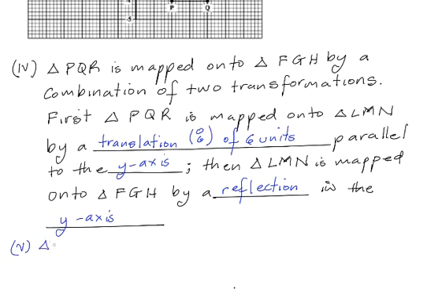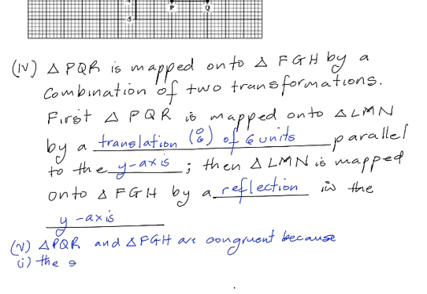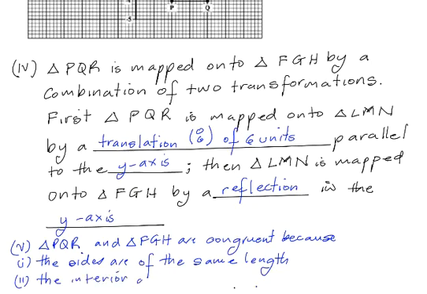So triangles PQR and FGH are congruent because 1, the sides are of the same length, and 2, the interior angles are equal.